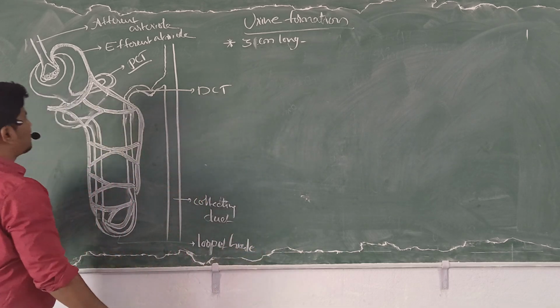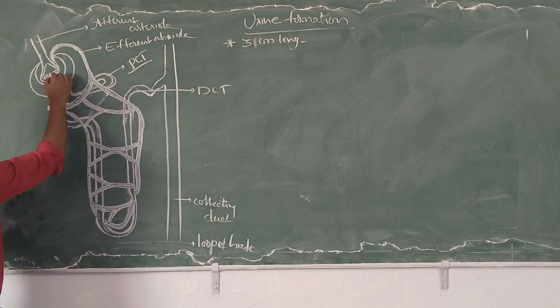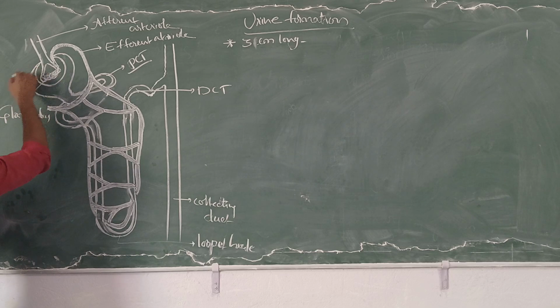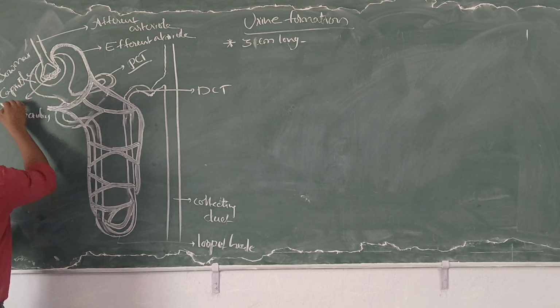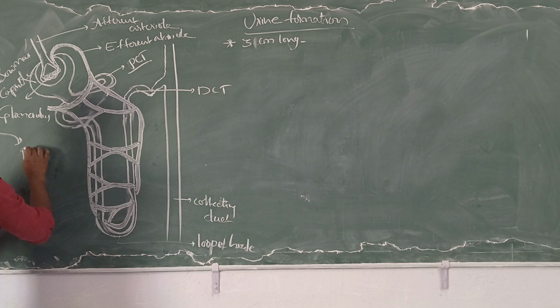And if you see clearly, here we have this clumped region. This one we call the glomerulus, and this one we call the Bowman's capsule. Combined, the Bowman's capsule and the glomerulus we call the Malpighian body.